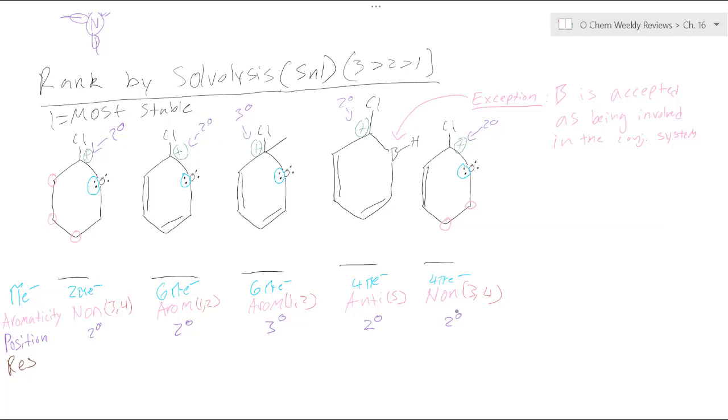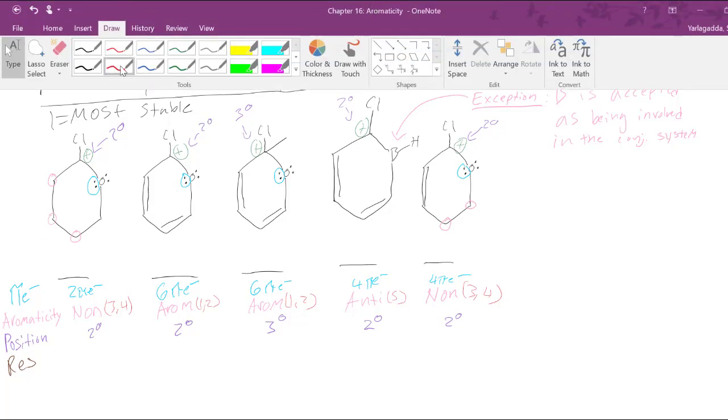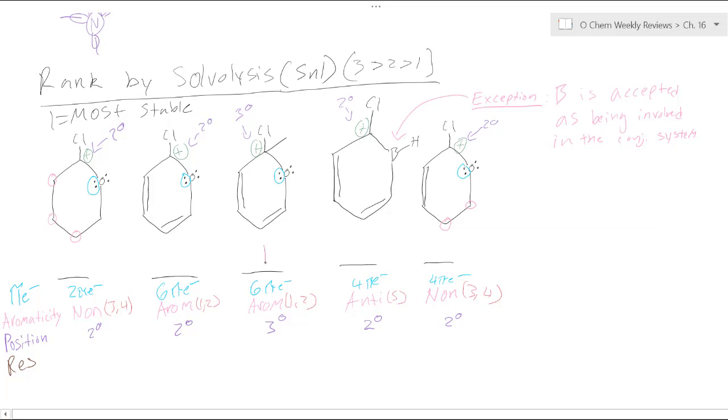Carbocations prefer tertiary, so this is going to be number 1. And the only other aromatic compound left, this is going to be ranked 2. Now, between our non-aromatics, let's make this 5, so we just have 2 to worry about.